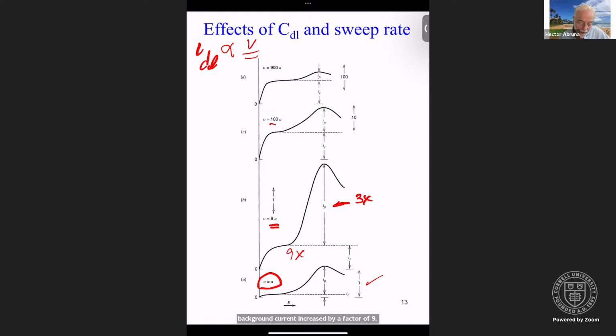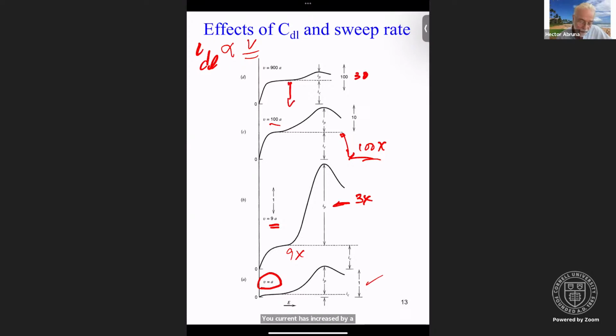If you go to 100, now your peak current is 10, right? It's the square root of 100 times 1. Your background current has increased by 100x. If you go to 900, your current has increased by a factor of 30.